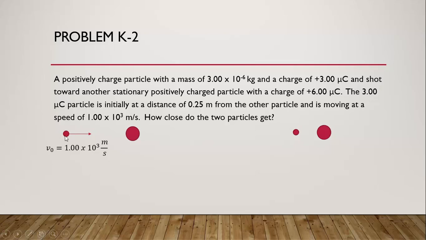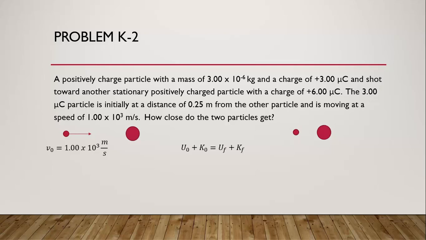As the 2 positively charged particles move toward one another, there'll be a repulsive force. So this particle will be slowing down, and at some point it's going to come to 0 meters per second. After that point, the particle is going to fly away because of that repulsive force. So we want to figure out when the smaller particle comes to rest.